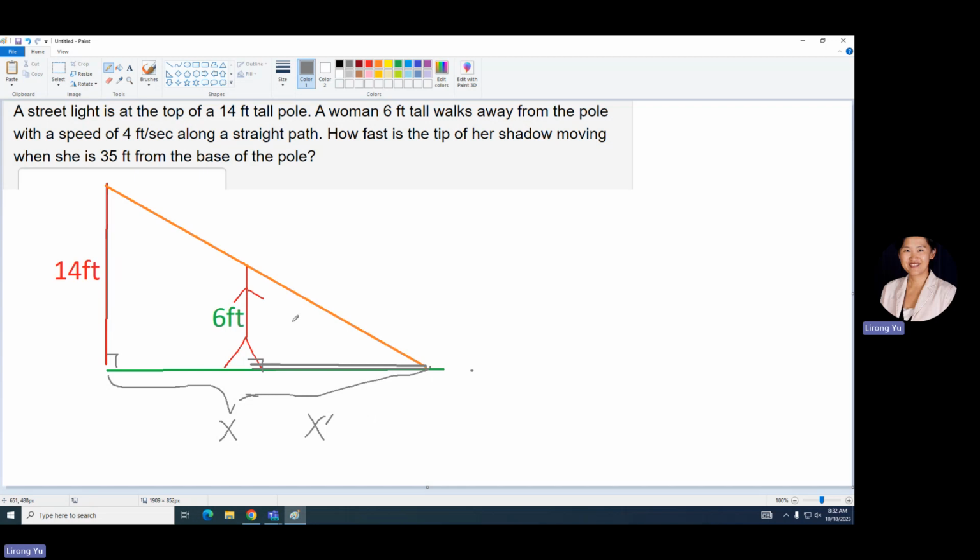So let's call that one y. Now we have variables x, y, and let's call this z, from the foot of the light pole to the foot of the person. And therefore, this side must be the subtraction, so this side is going to be x minus 3.